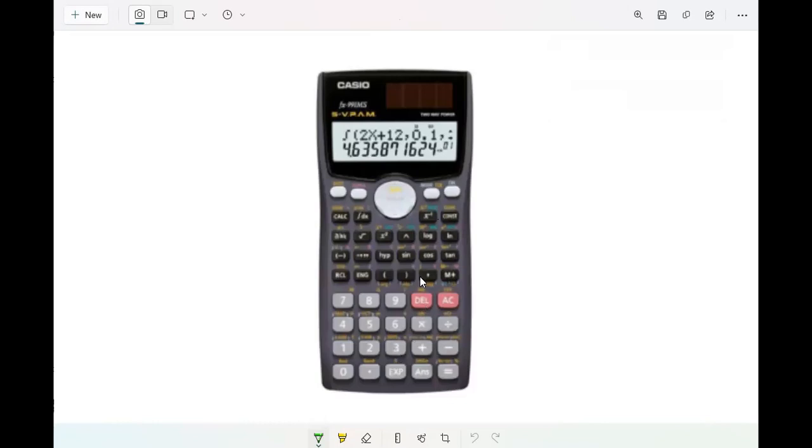So you press log 25 divided by log 5, then you press equals. You try that. There are 2 logs on my calculator. Yeah.